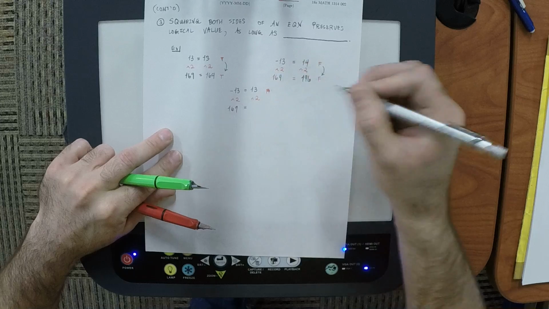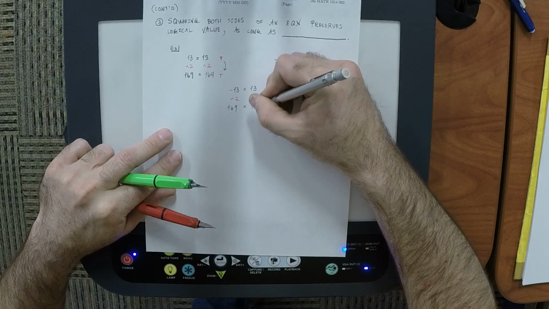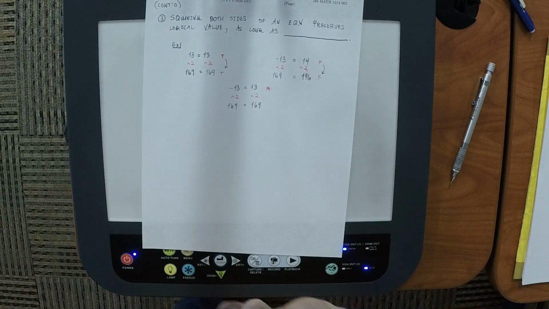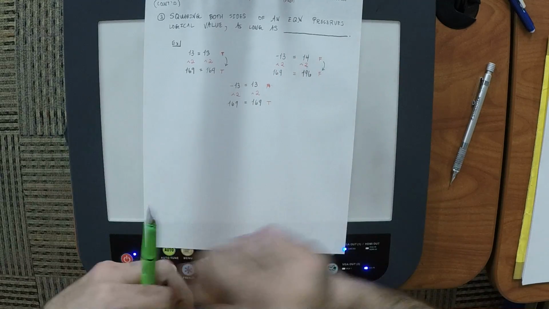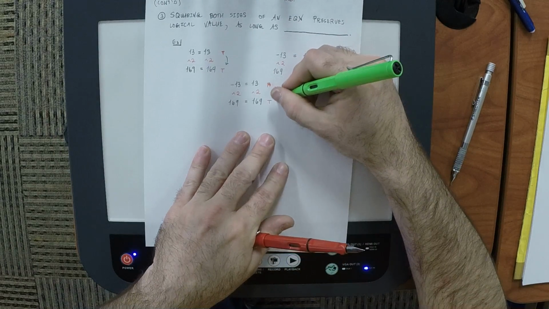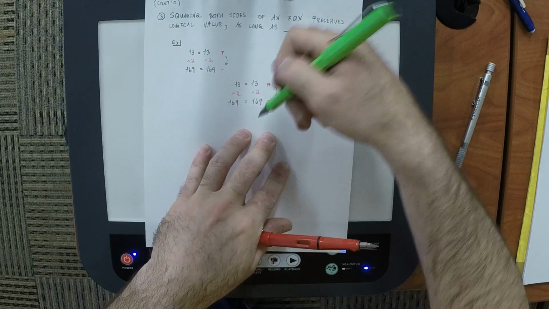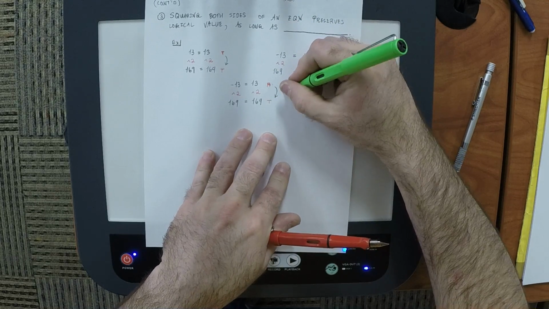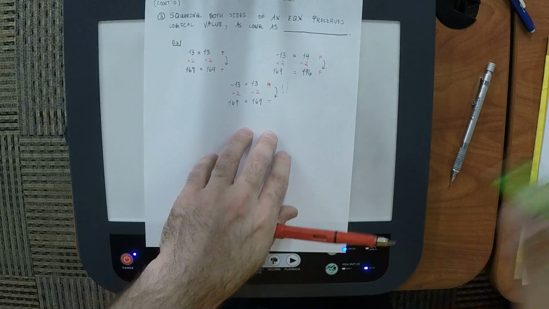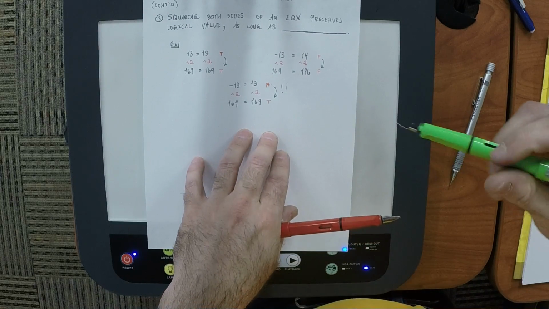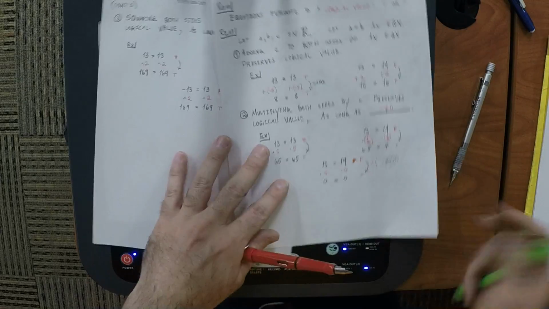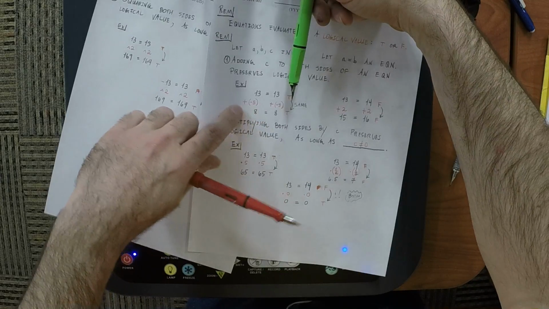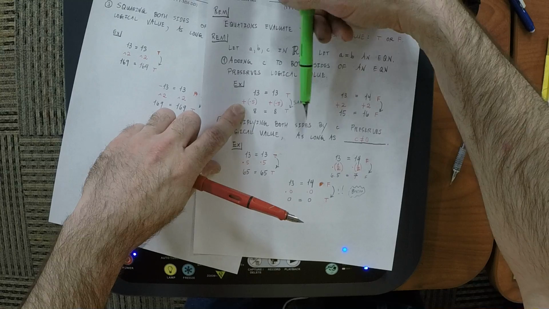And 13 squared? 169. And that, of course, is true. So I want you to observe that squaring both sides of an equation has modified the logical value from false to true.